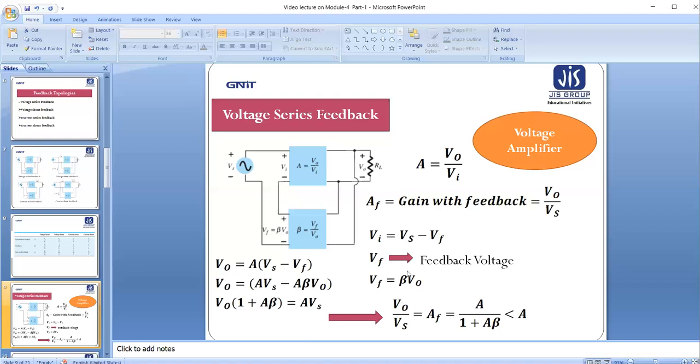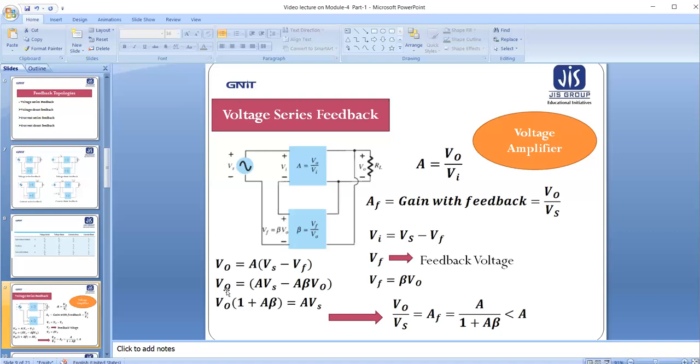So putting down the value here, V naught equals A into Vi. Vi means Vs minus Vf, so V naught equals A into (Vs minus Vf). Inserting A within the bracket, AVs minus AVf, but as Vf equals beta V naught, it becomes A beta V naught.